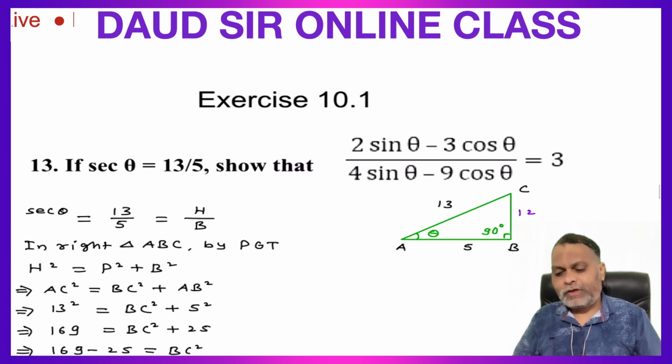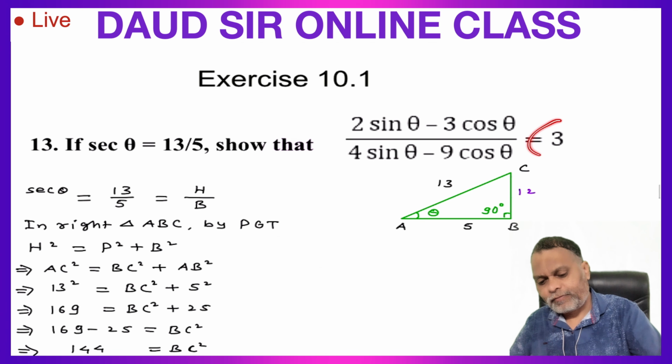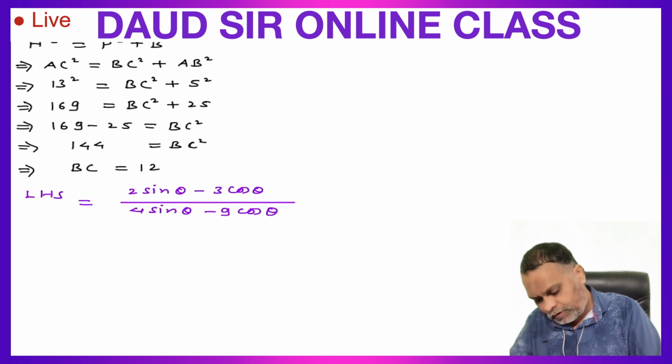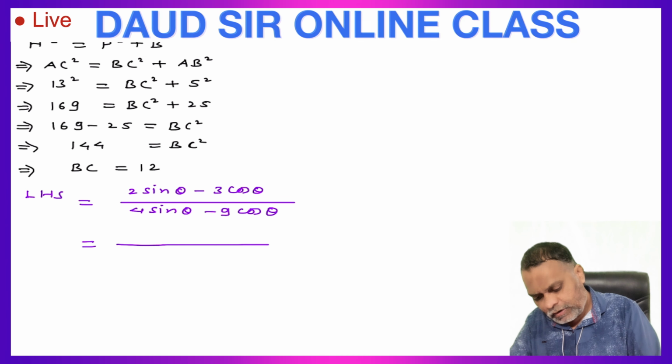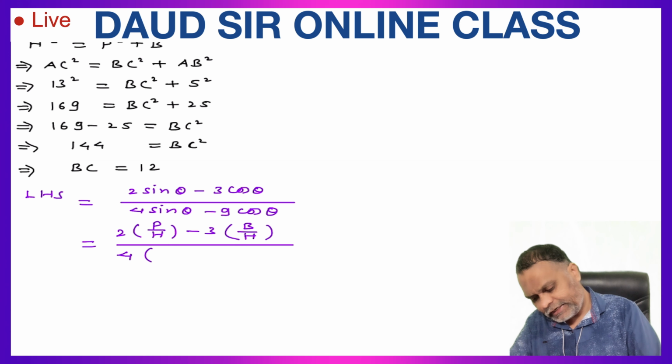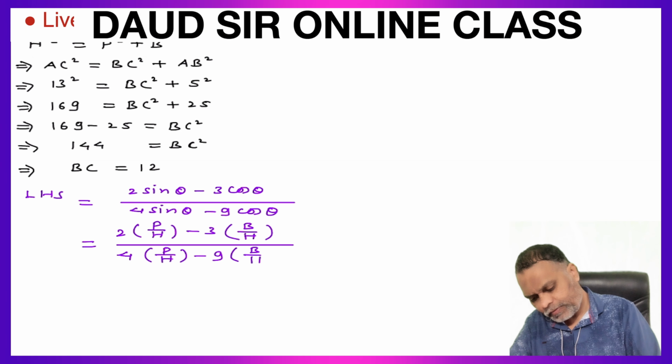This we have to prove equal to 3. Now this 2 sin theta is perpendicular upon hypo minus 3 cos theta is base upon hypo, upon 4 sin theta perpendicular upon hypo minus 9 into cos theta base upon hypo.